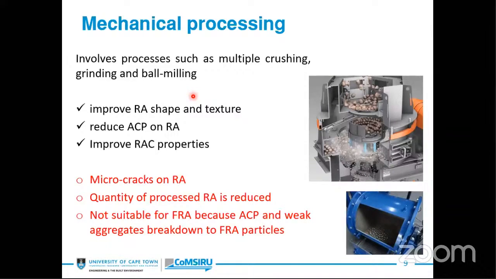This is because weak aggregates are broken down to fines, which are usually discarded. And in my case, this process is not suitable for fine recycled aggregates because the ACP and, of course, the weak aggregates are broken down into fine fractions, which may be a problem.